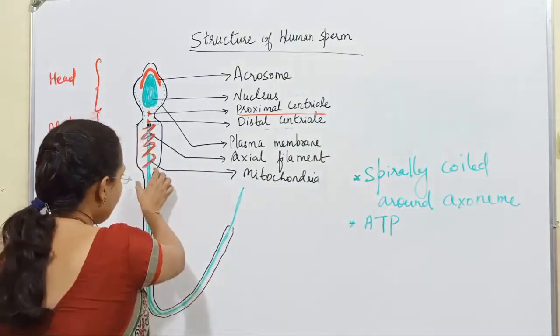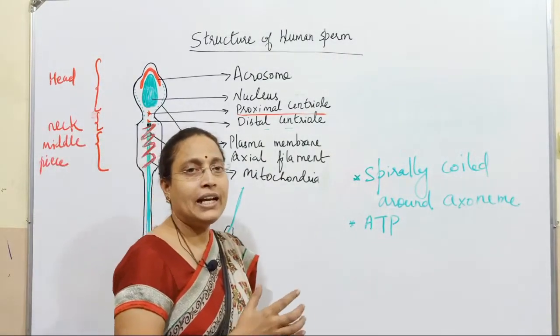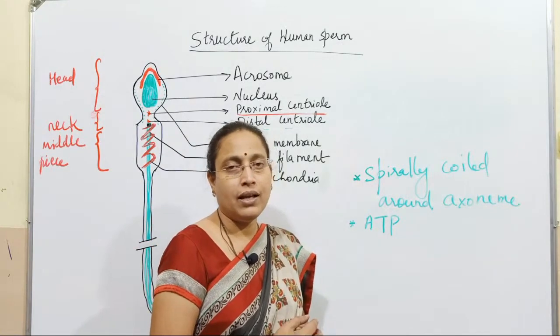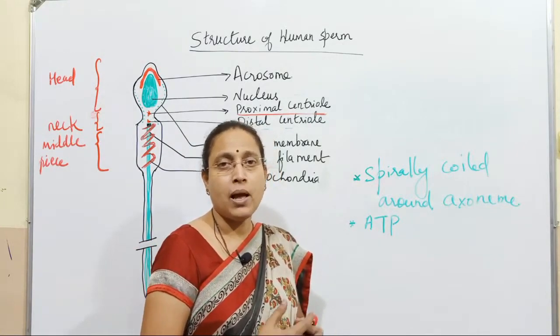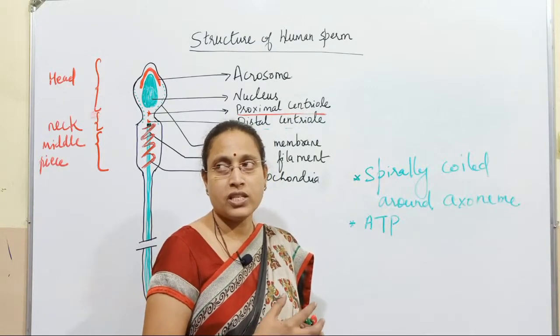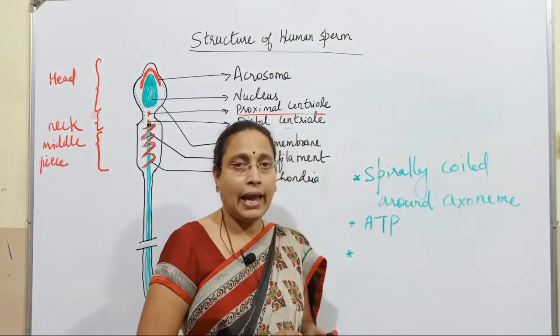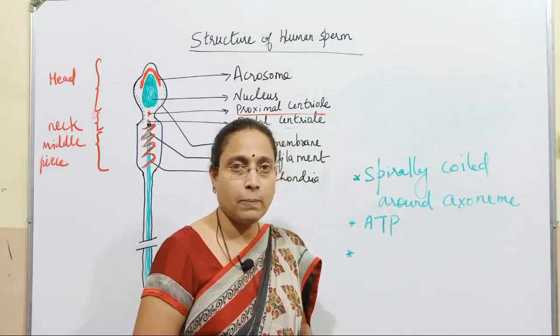So for movement of the sperms and for beating of the tail and subsequent movement, ATP is necessary. And that ATP comes from mitochondria, which is present in the middle piece. Because it produces ATP, it is also called the powerhouse of the sperm.